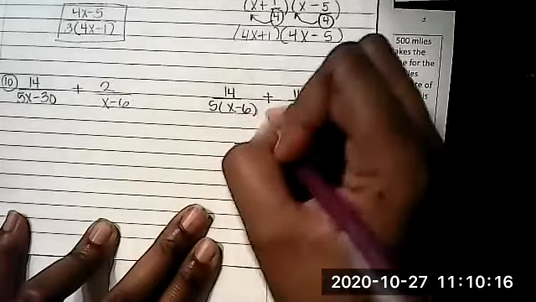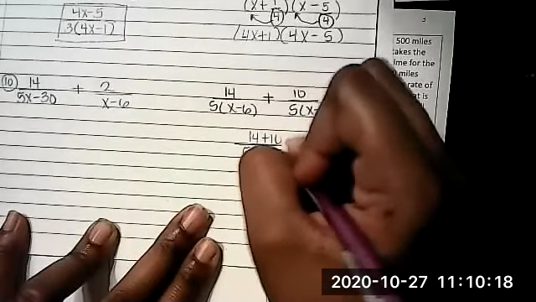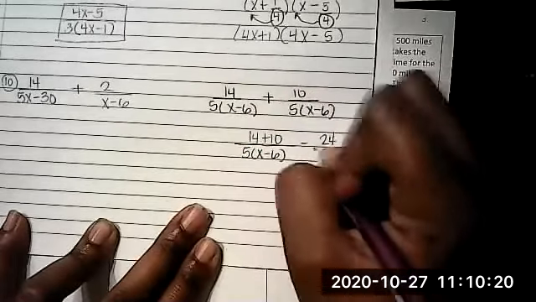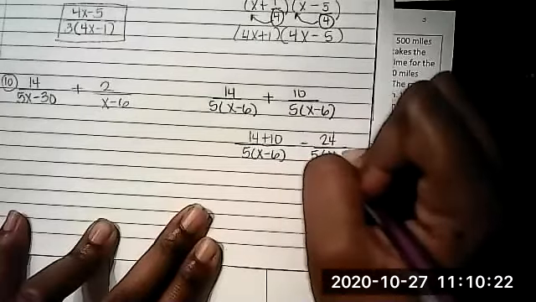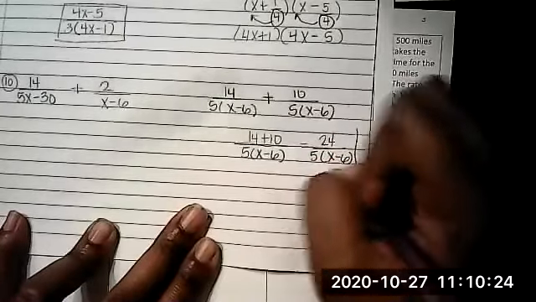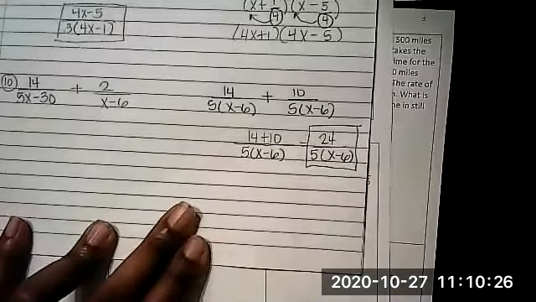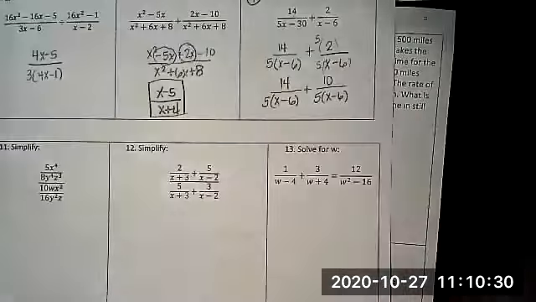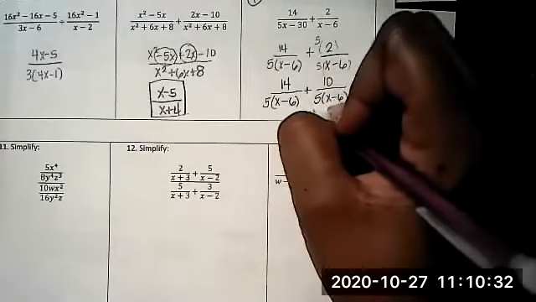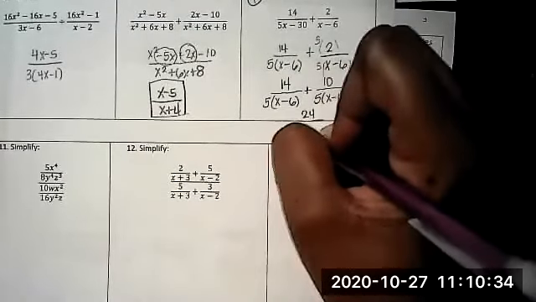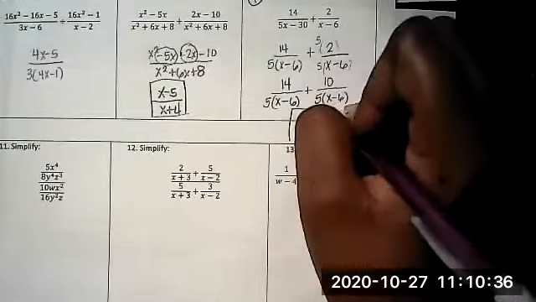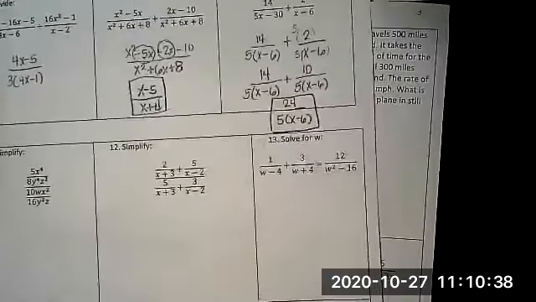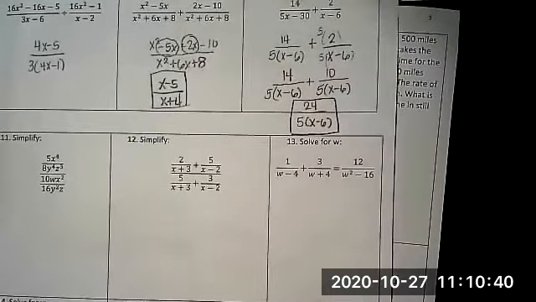I'll just add 14 plus 10, and that becomes 24 over 5 times x minus 6. Okay, and this is your answer. 24 over 5 times x minus 6. Okay, that one is your answer there, once you got it all together.